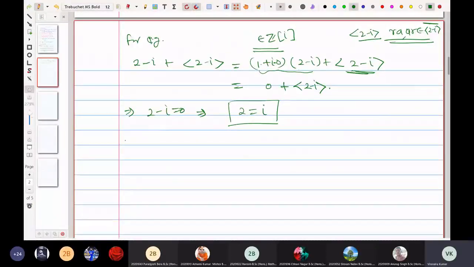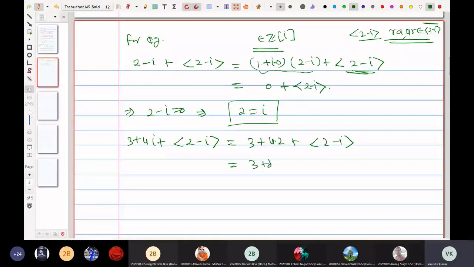Now we can consider the example 3 plus 4i, and when we write 2 minus i, this is going to equal 3 plus 4 times 2, and then 2 minus i.